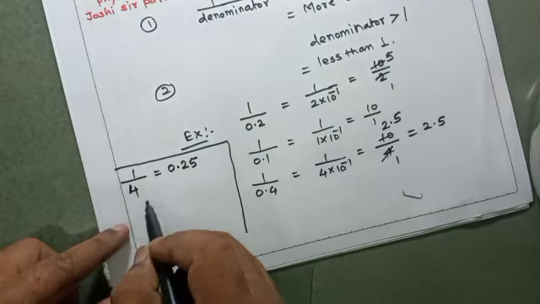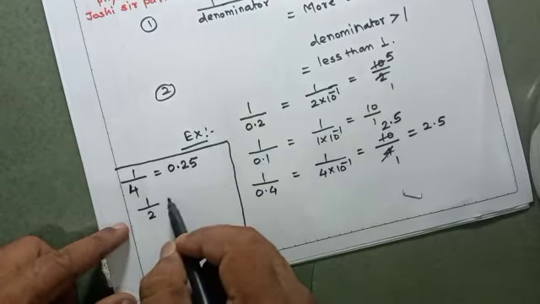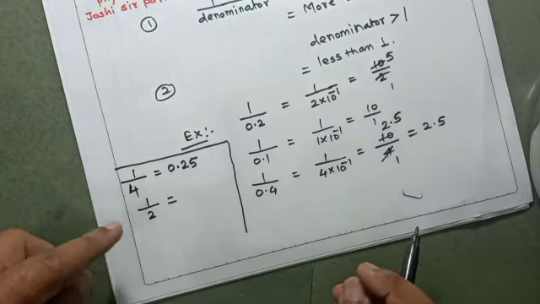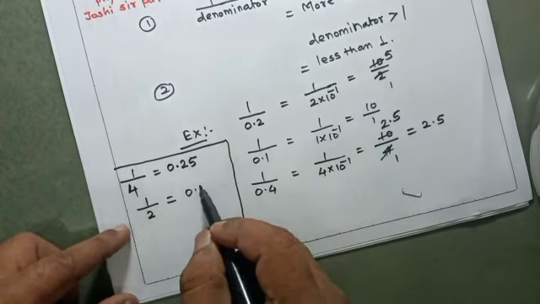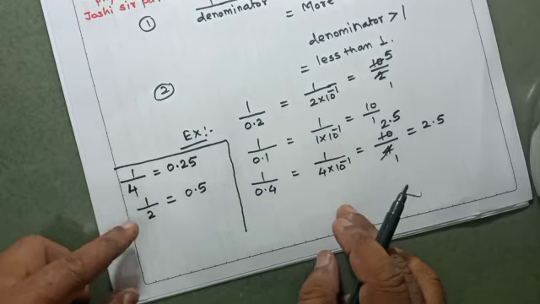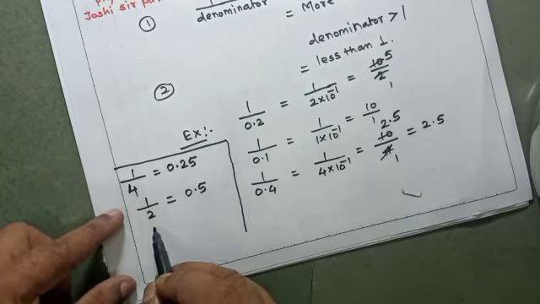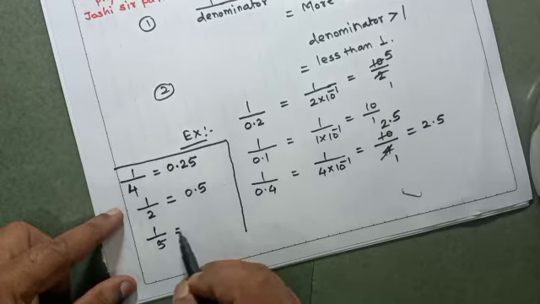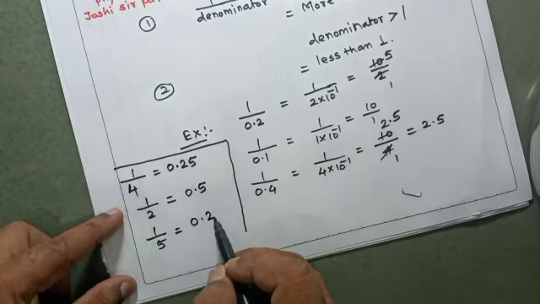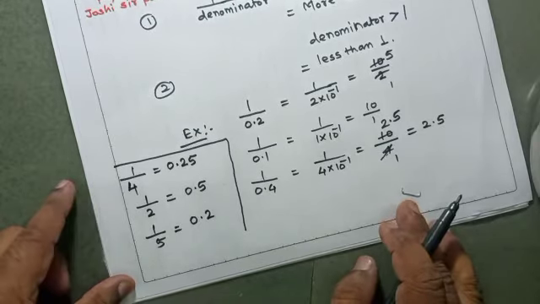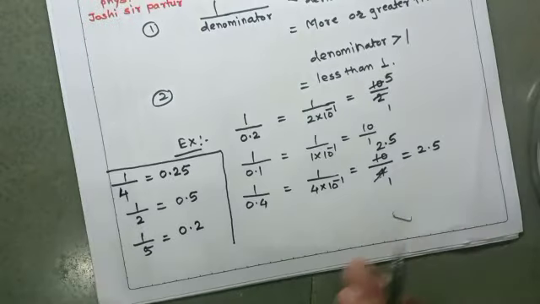Another, if 1 upon 2 is there, its value will be 0.5, because 2 is greater than 1, 4 is greater than 1. If 1 upon 5 is there, then its answer will be 0.2. So the two things are very important.